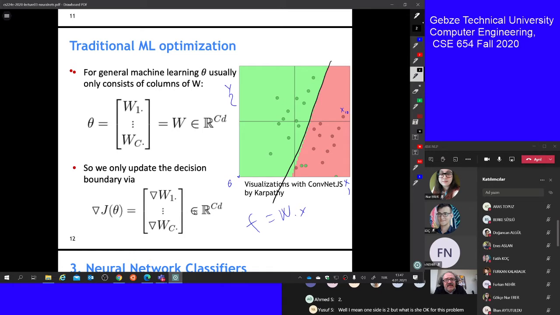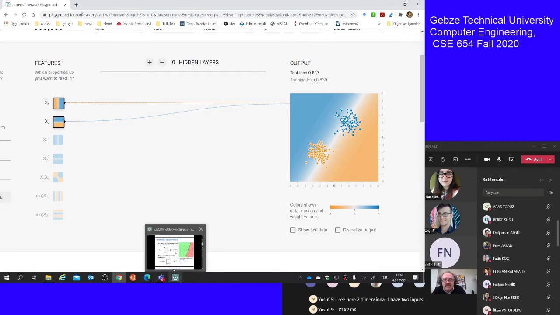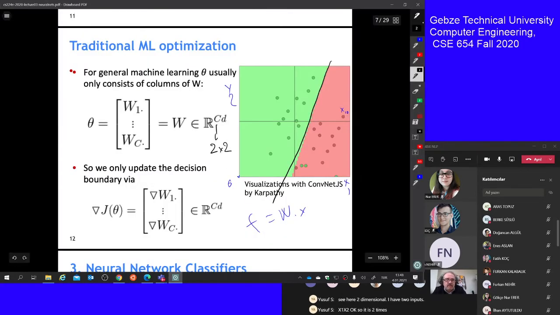C is 2, because positive and negative. D is not 1, because I have two-dimensional input vectors, x1 and x2. So it is 2 times 2, so there are 4 parameters to optimize in this case.